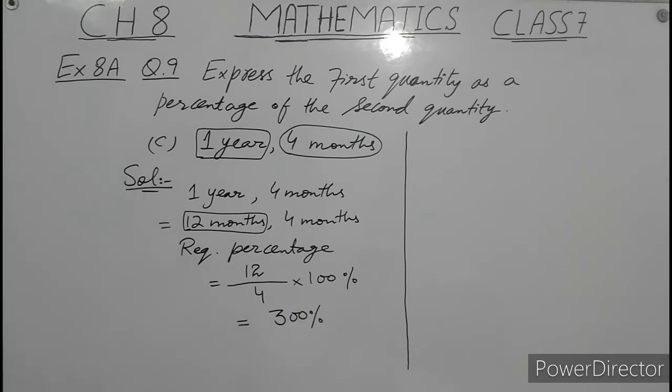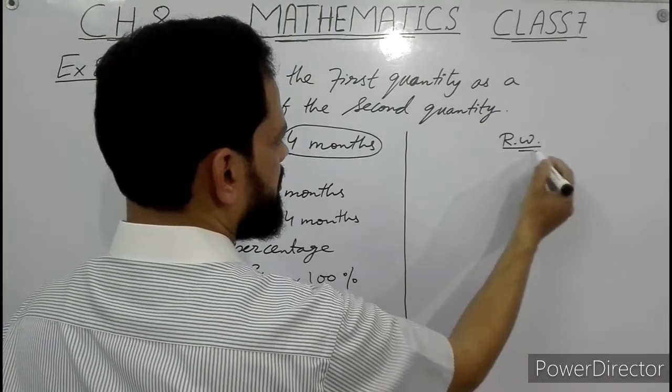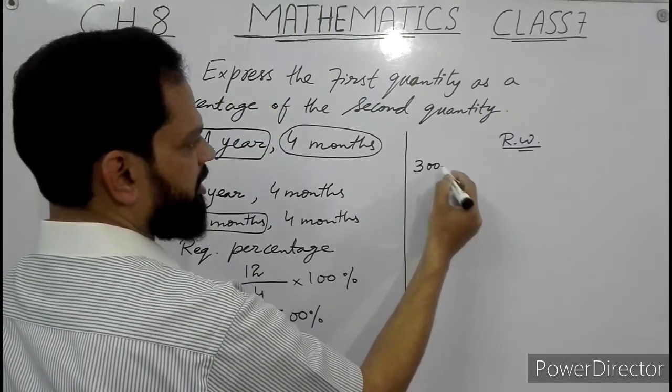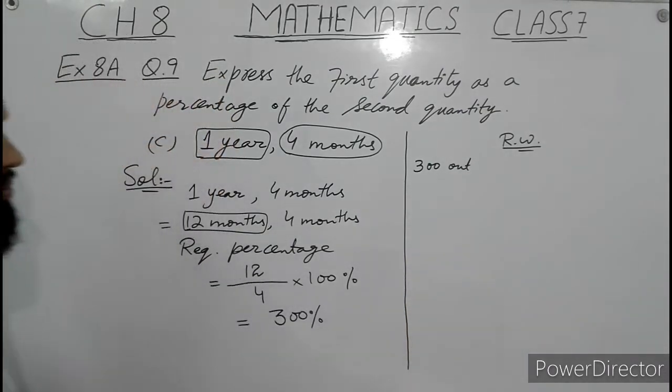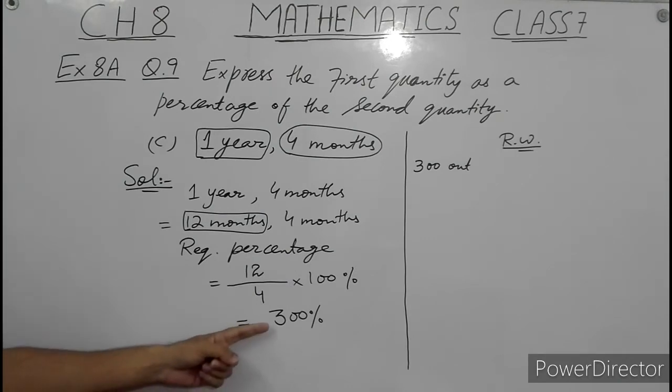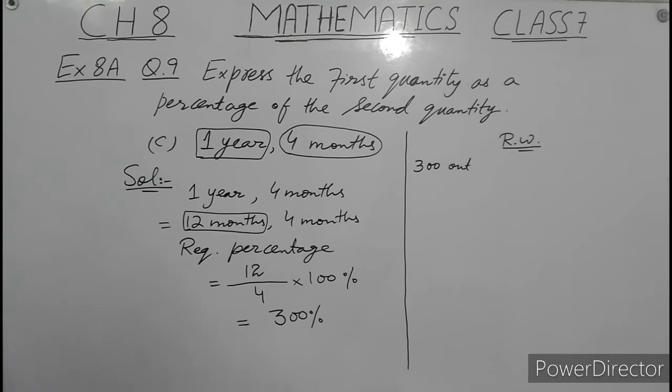Now what does it show? 300% means 300 out of every 100 of the second quantity is the first quantity. 300% means 300 out of every 100 of the denominator, which is the second quantity.